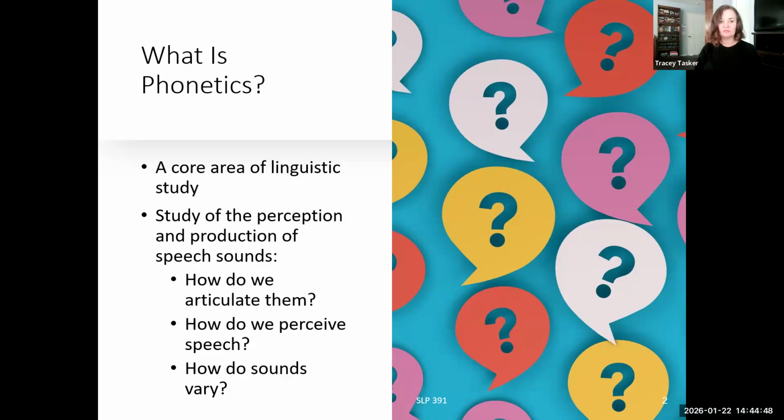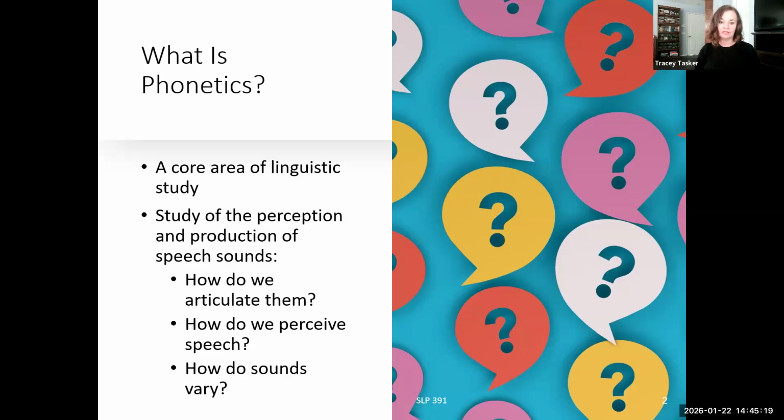perspective. So what we're going to talk about is studying sounds, so how we articulate them, what parts of our articulators do we use, our teeth, our tongue, for example. How do we perceive them? So how do we perceive different speech sounds? What helps us perceive one sound that's different from another? And how do the sounds vary by how we produce them and perceive them?